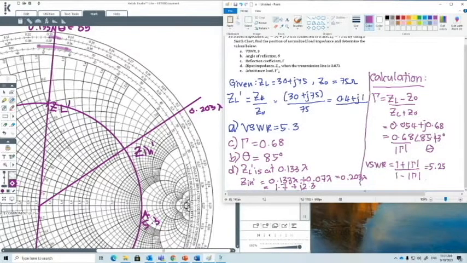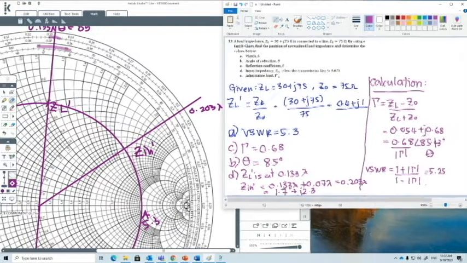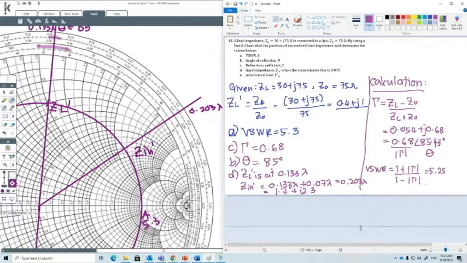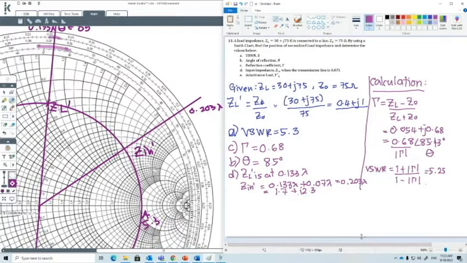The question is input impedance. Tak ada prime dekat situ. So when is no prime, so Z in is equals to Z in prime.